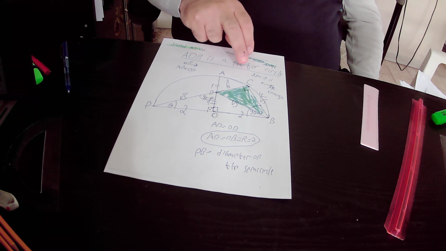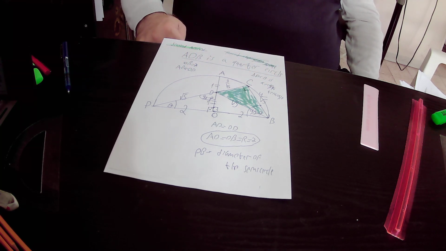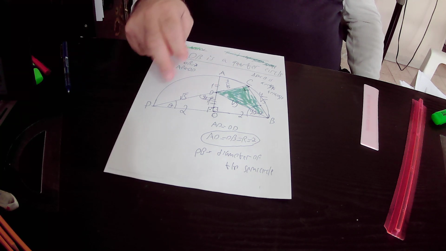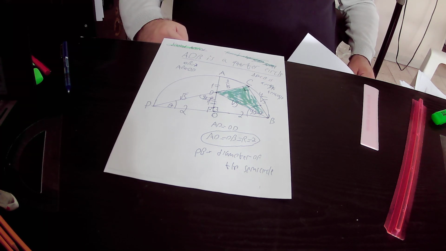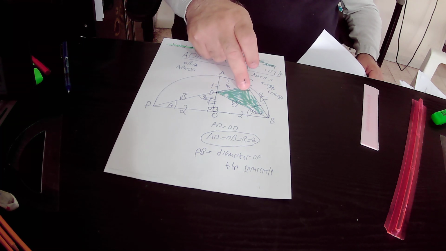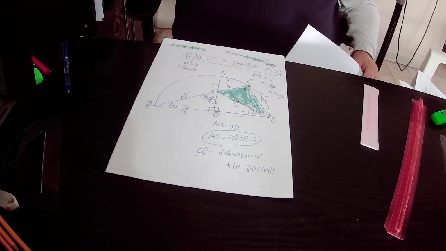Here we completed the quarter circle to a semicircle, and then we extended side CD until it touches the circle. Because we created here a peripheral angle that is equal to 90 degrees, it must rest on the diameter.